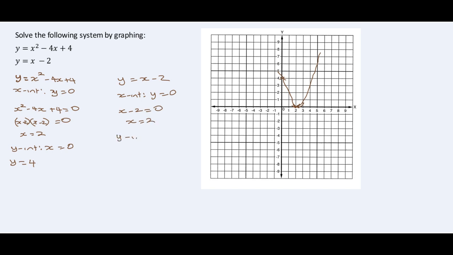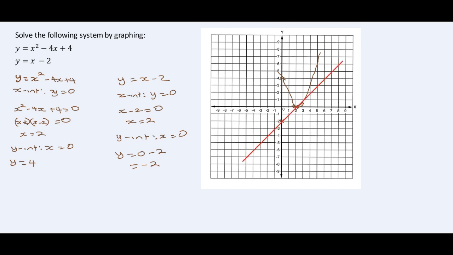And at the y-intercept, x equals 0, so y is 0 minus 2, which is negative 2. Okay, now we're going to draw our line graph.